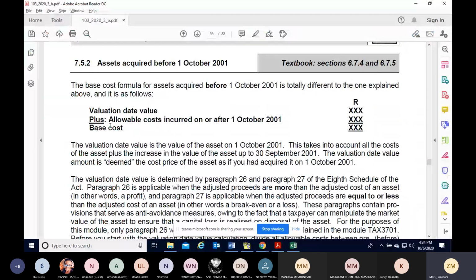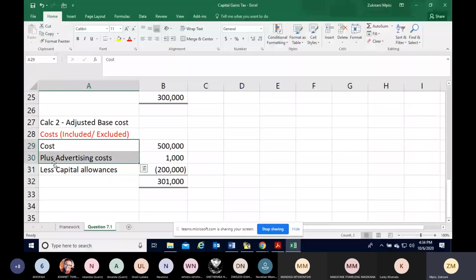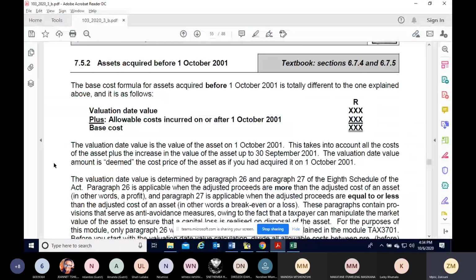The formula is different from this one. The cost that you are including would be the same. But in this case, on the 1st of October 2001, you will have what we call a valuation date value. And then you will include all allowable costs incurred on or after 1 October 2001, and then you will get your base cost.